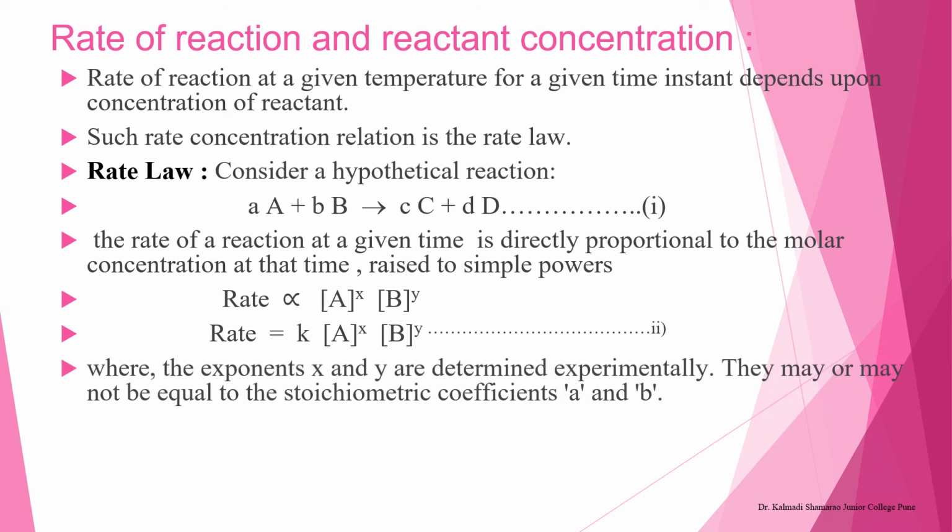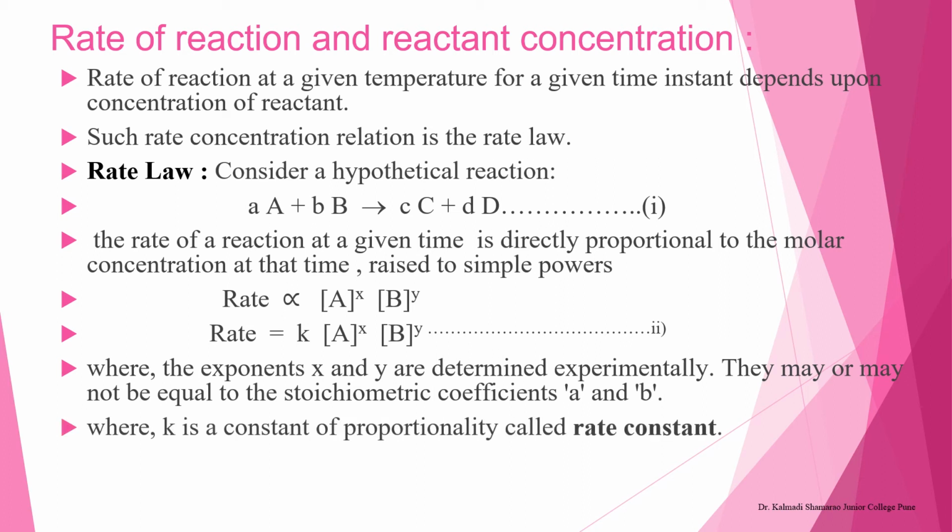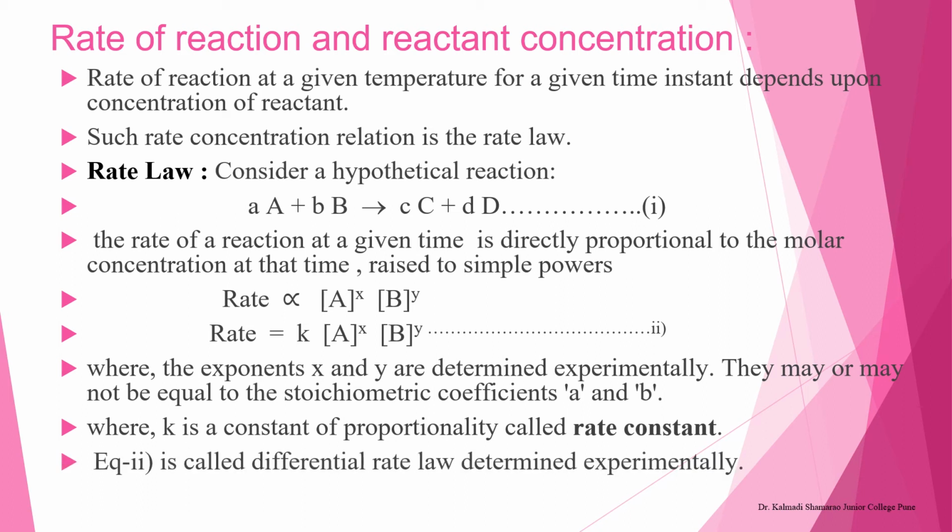The exponents x and y are determined experimentally. They may or may not be equal to the stoichiometric coefficients a and b. K is the proportionality constant known as rate constant, and equation 2 is a differential rate law which is determined experimentally.